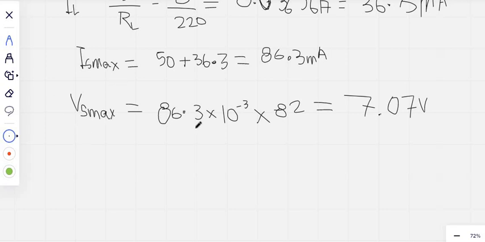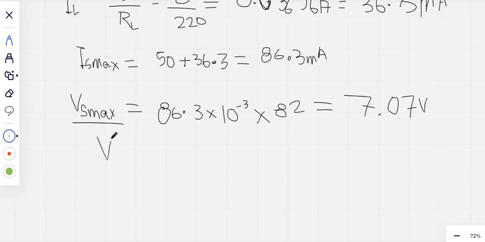Vs maximum should come from Is max 86.3, I have converted it into ampere from milliampere value. Is into Rs, the limiting resistor, 82. So we should get 7.07 volts. This is the value of Vs maximum.